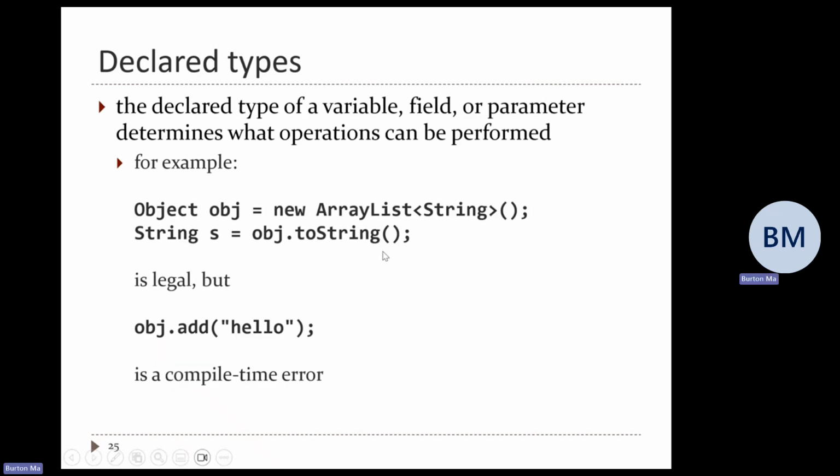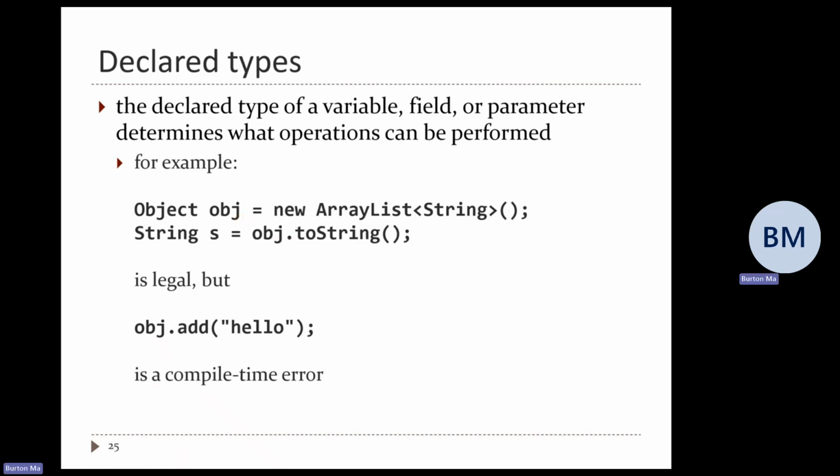What does the declared type actually do? The declared type determines what operations you can perform with that variable. So if I say that obj is an Object, I can store any object in that variable. For example, I can store an ArrayList in that variable.